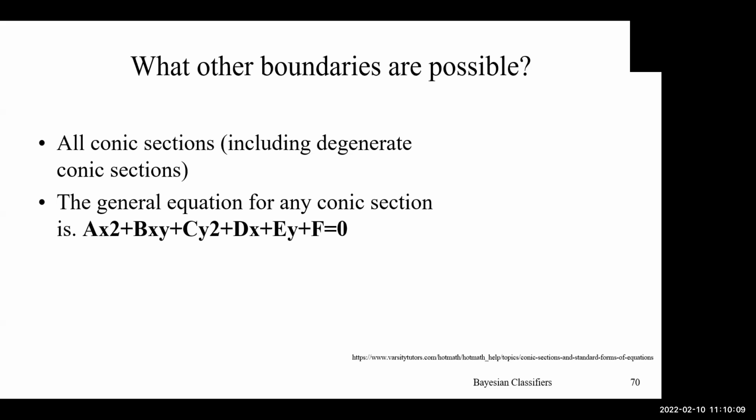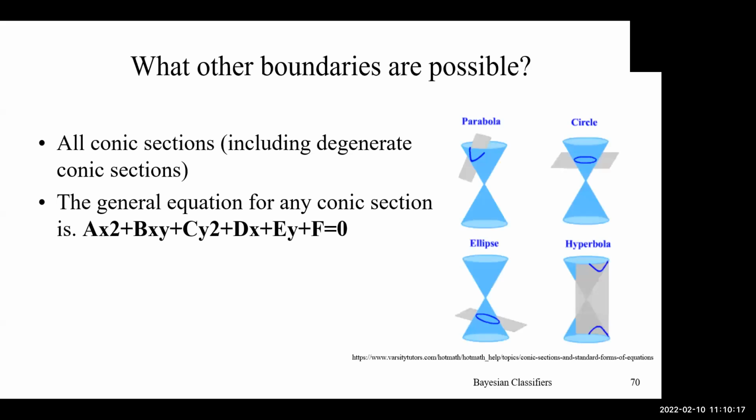We'll get there. So you can have a general form for any conic section. Conic sections are taking pairs of cones, putting them tip to tip, and taking a plane and intersecting it. So if that plane is parallel to the edge of the cone, you get a parabola.